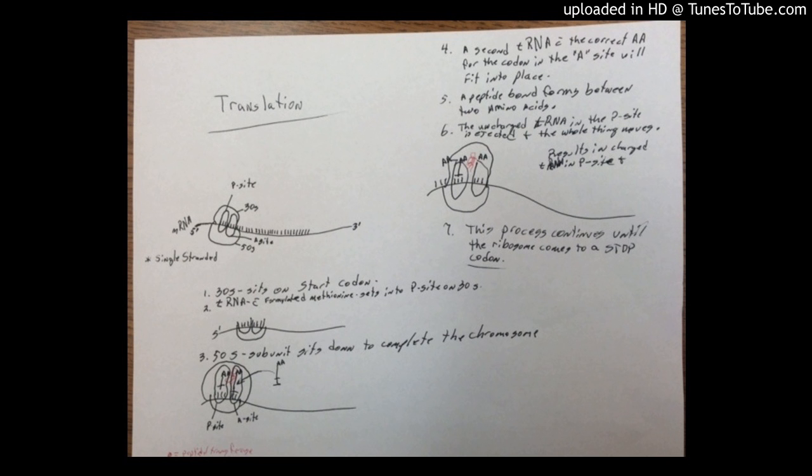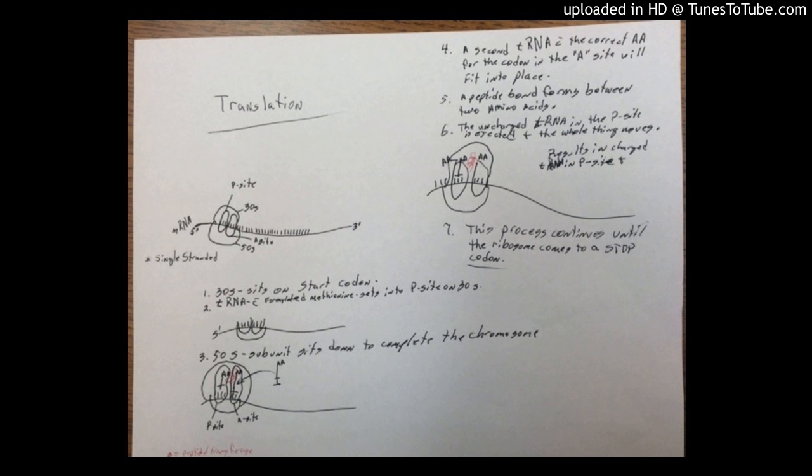The peptidyl transferase, which is drawn as a little red squiggly line, will allow the transpeptidase to form a peptide bond, which is a dehydration reaction between two amino acid molecules.